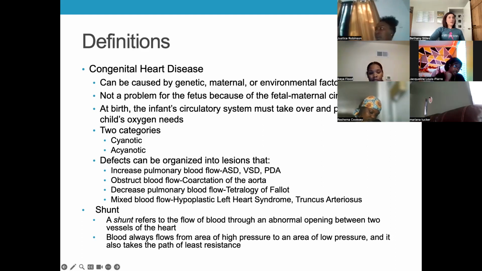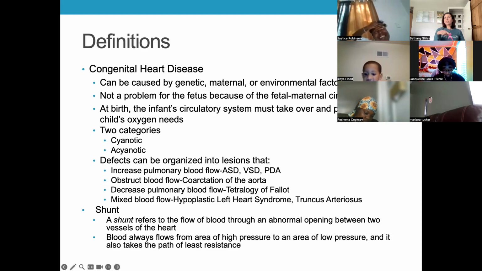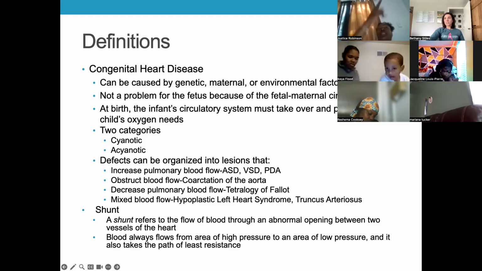Some defects that obstruct blood flow are going to be our coarctation of the aorta, and we're going to talk about that more in detail, but that's going to be a kink or a pinching in the aorta that's going to cause increased pressure and make it really hard for the blood to flow properly through the aorta. Tetralogy of Fallot decreases our pulmonary blood flow, and it is a combination of 4 defects.